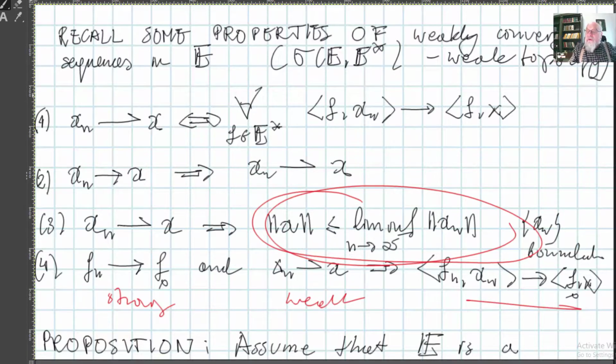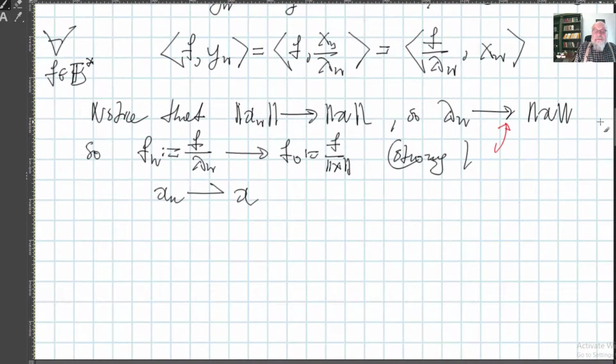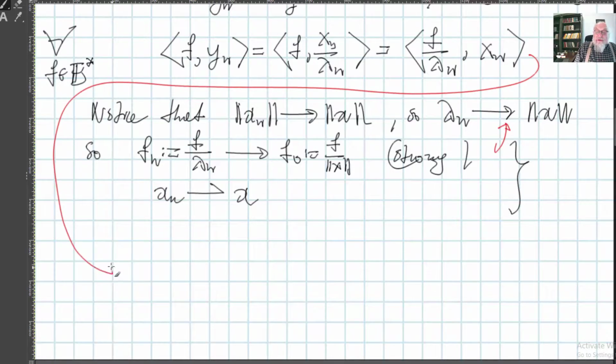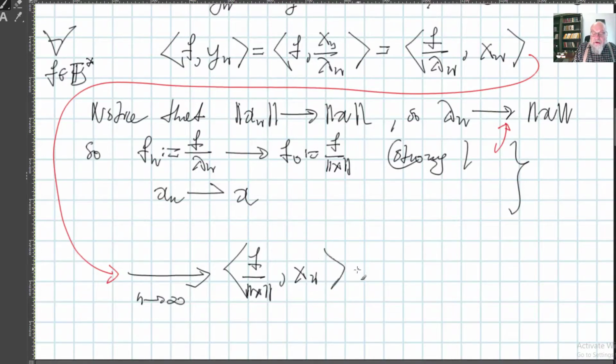These two conditions imply that, as n goes to infinity, this one converges to f divided by the norm of x, applied to xn, which can be written as f of xn divided by the norm of x, and that one is nothing else than f of y.